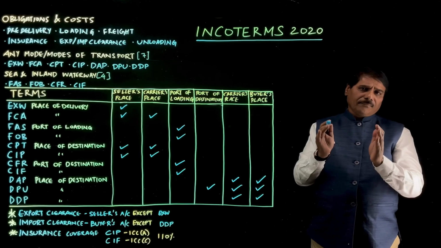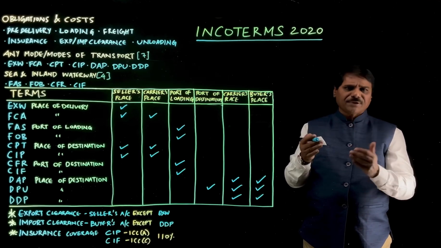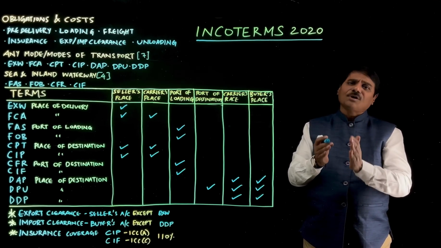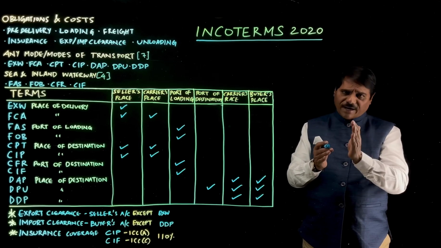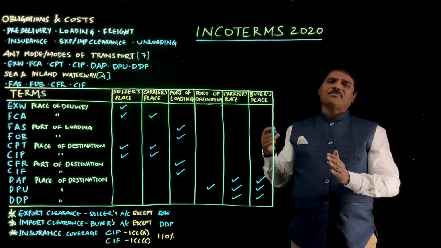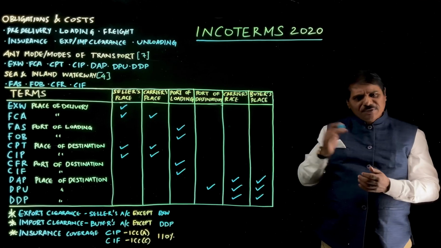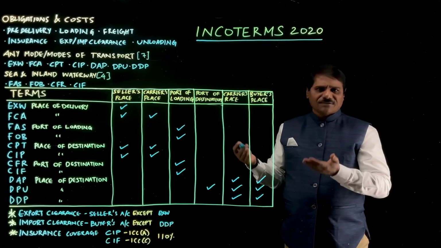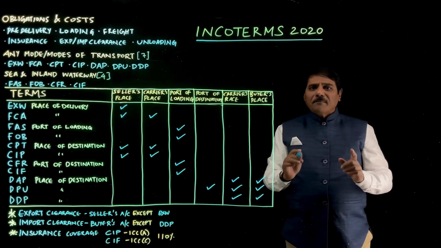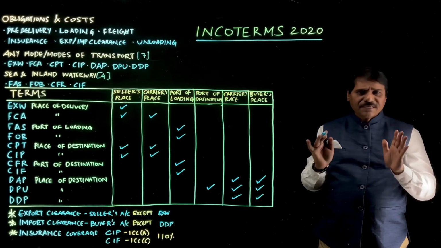So when can the shipping company give the proof of shipment? Once the goods are shipped, the shipping company can give the proof of shipment document, called the bill of lading, to the seller, so that the seller can present this document to the bank to show the goods are already exported. Maybe he may require some finance. But when it comes to the risk point, that is the same.